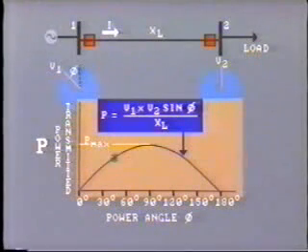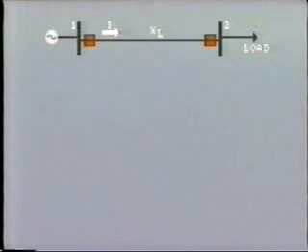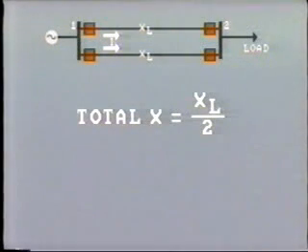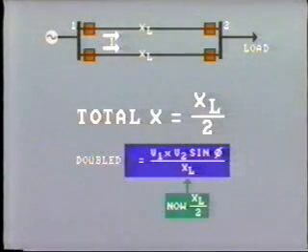What would be the situation if we had two identical transmission lines connected between the same buses instead of one? Now, the reactance between each end of the line is divided by 2, and therefore the transfer capability has been doubled for each particular angle of displacement.